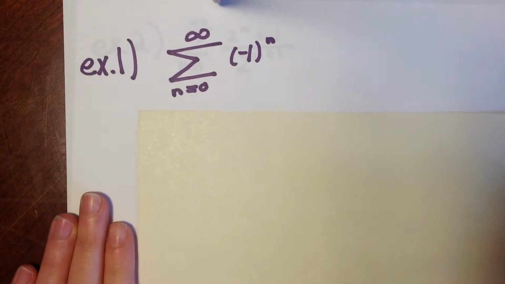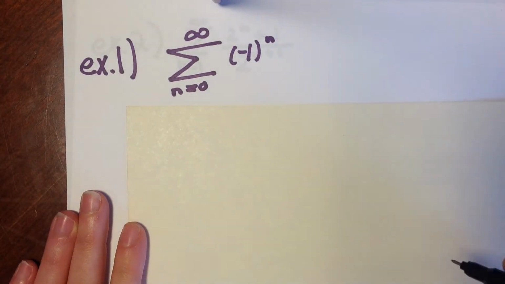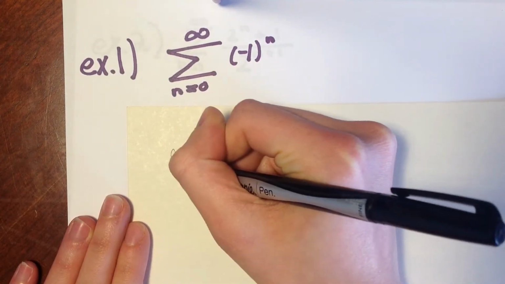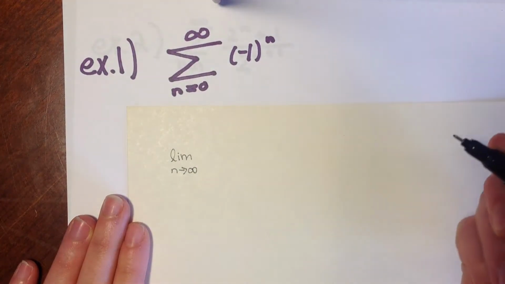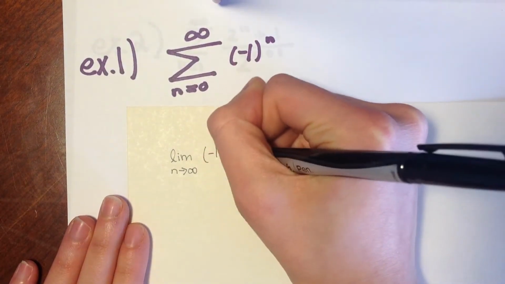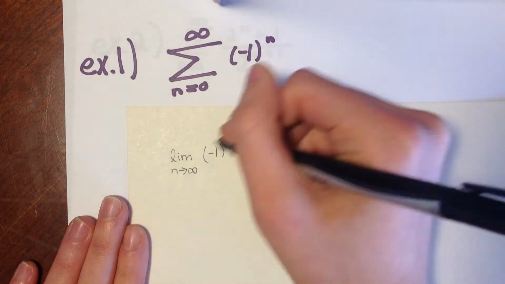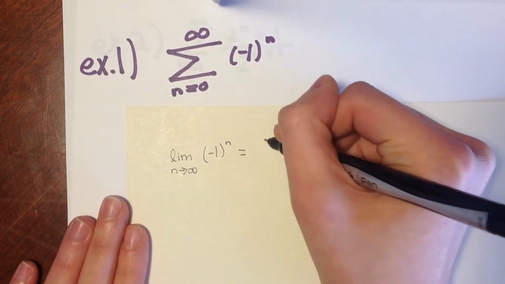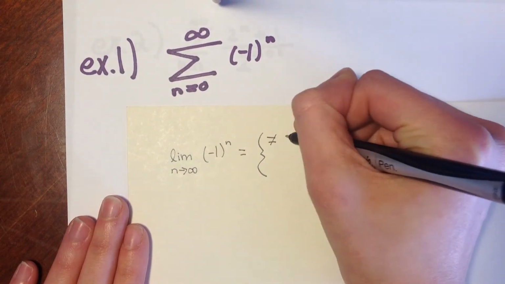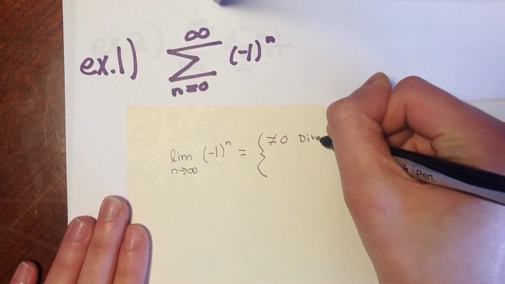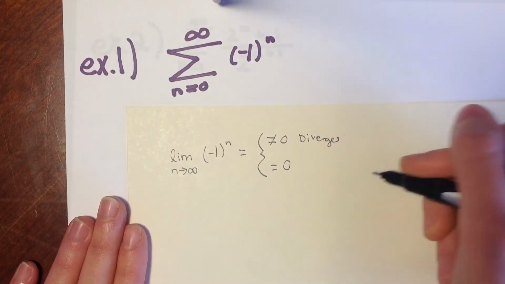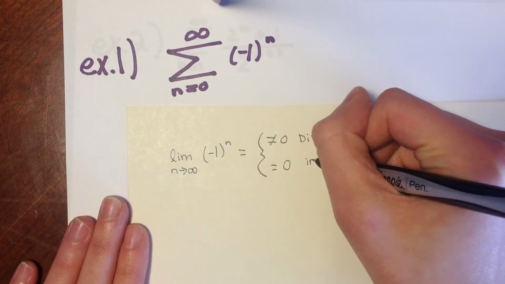What the nth term test for divergence basically says is that you can take the limit as n approaches infinity of whatever the series is, so that would be -1 to the n, and if that limit does not equal 0, then the series diverges. If the limit equals 0, then the test is inconclusive.